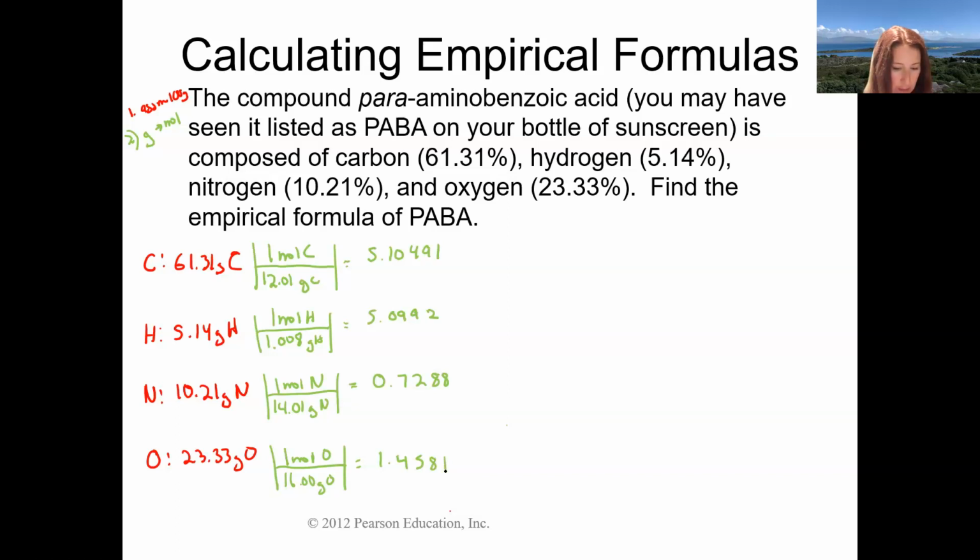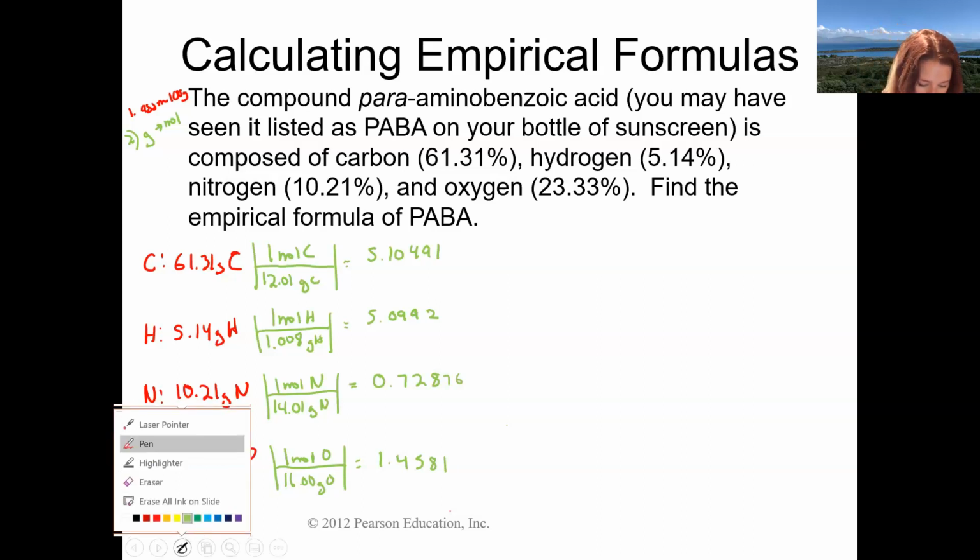I don't think I'm going to believe the book on these answers right now. I'm going to keep 1 digit more. You'll see why. 0.72876. Again, don't round. This is the one time significant figures are gone from your brain. Like they don't exist right now. Okay, that was step 2.